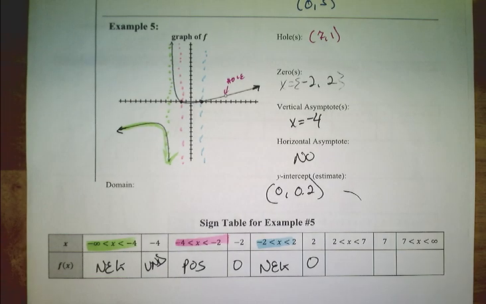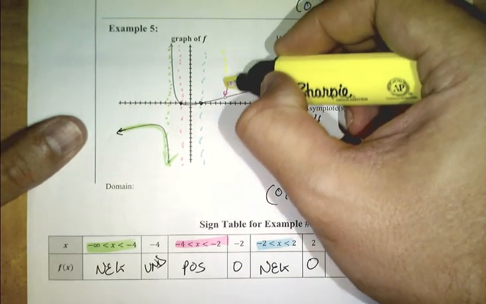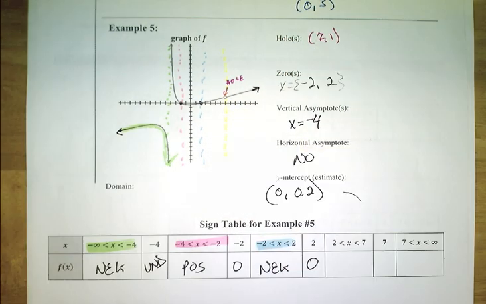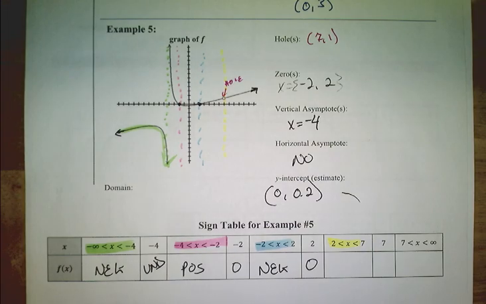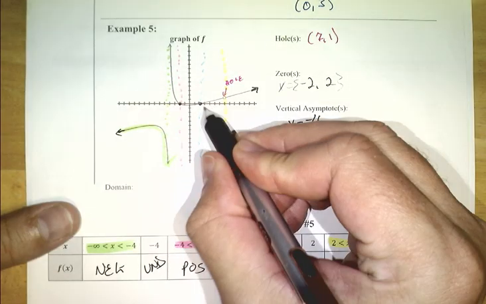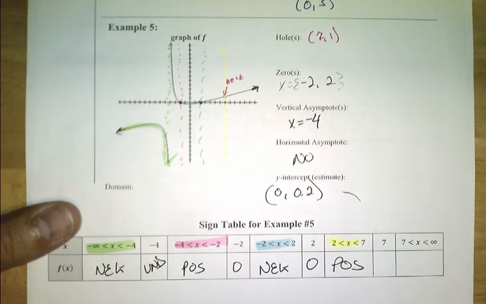And then I have from 2 to 7, so that is this section right here, from 2 to 7. From 2 to 7 is above the x-axis, so that'll be positive.